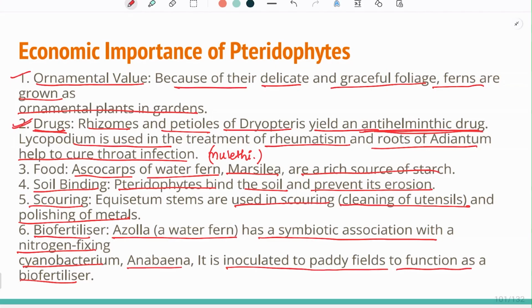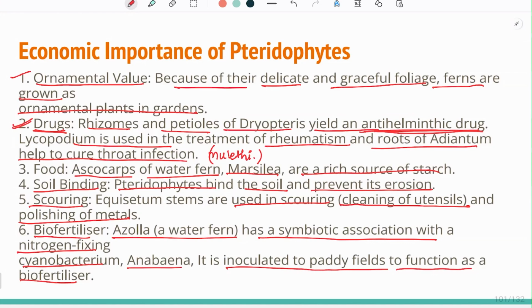Whereas in the biofertilizer, the association between Azolla, a water fern, and Anabaena, a nitrogen-fixing bacterium, is a very good symbiotic association which helps in nitrogen fixation in the soil as well as increasing the binding capacity of the soil, and the amount of nutrition present in the soil is also increased with the help of this symbiotic association. So they are also used as biofertilizer.